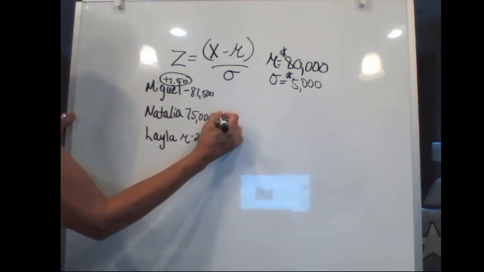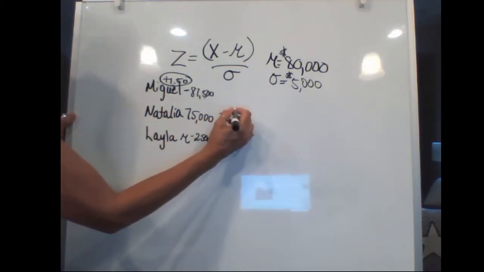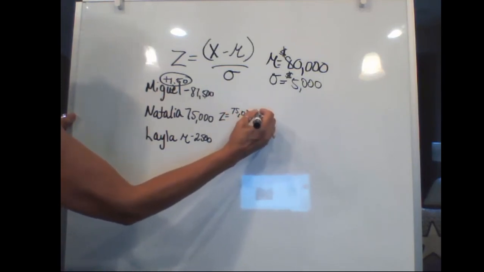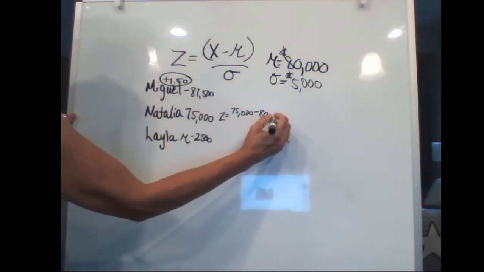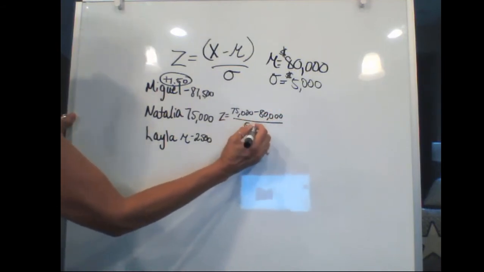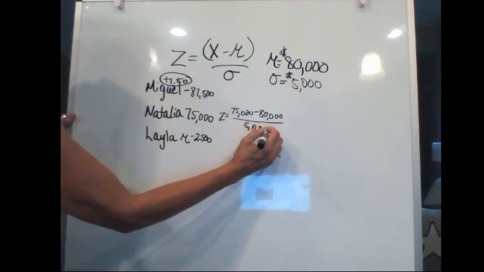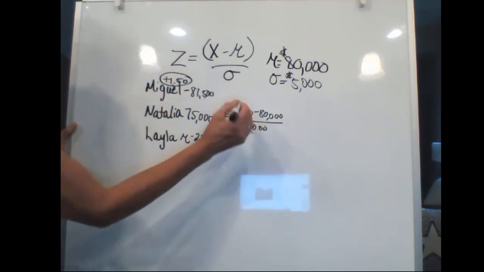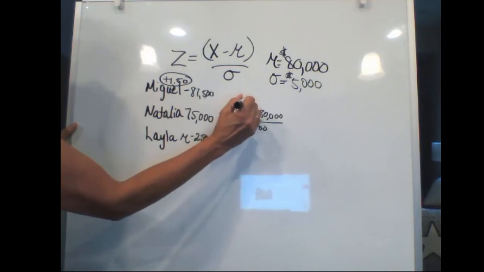Natalia's score is going to be z equals 75,000 minus the mean of 80,000 divided by 5,000. So 75,000 minus 80,000 gives us a negative 5,000.